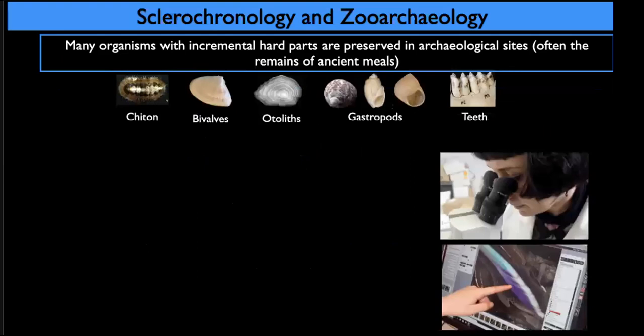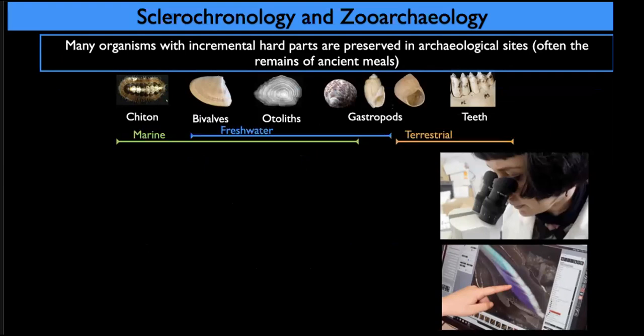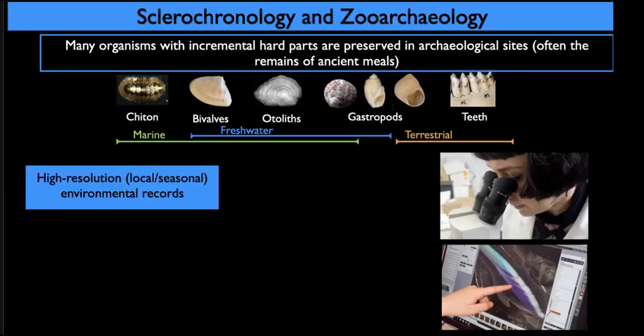Sclerochronology is an incredibly useful tool in zooarchaeology. There are many organisms with incremental hard parts that can be preserved in archaeological sites. And often they're the remains of ancient meals, things like bivalve and gastropod shells, otoliths from fish, and teeth from various animals. These archives and their associated proxies can provide environmental information across marine, freshwater, and terrestrial realms.